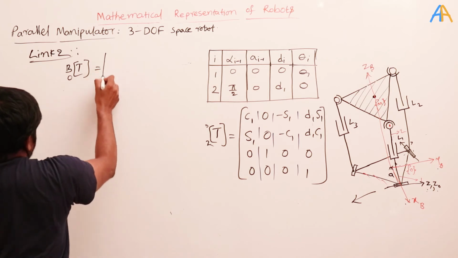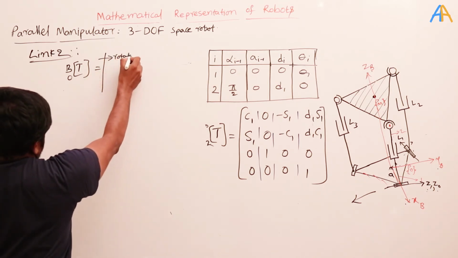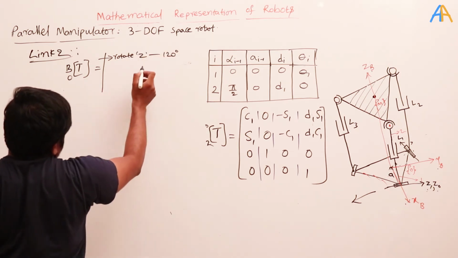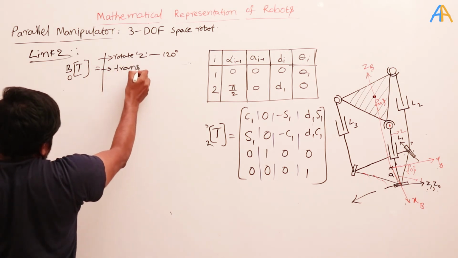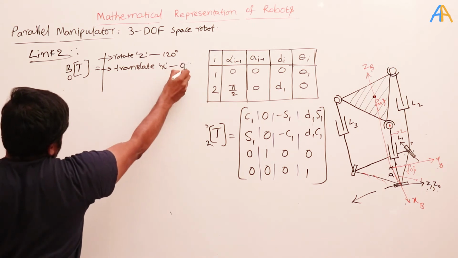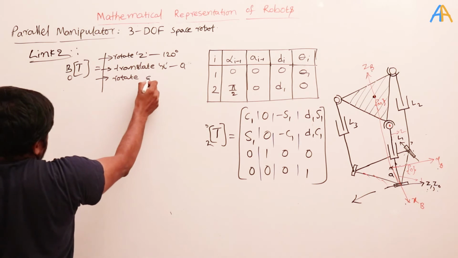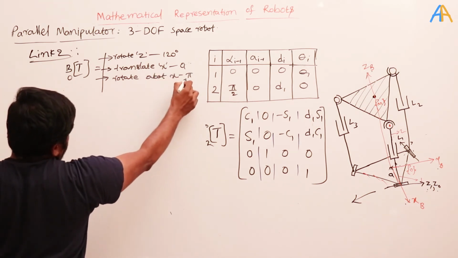Okay, so here what I do is first I will rotate about z by 120 degrees. Okay, and then translate along the x by a, and then again rotate about x by minus pi by 2.